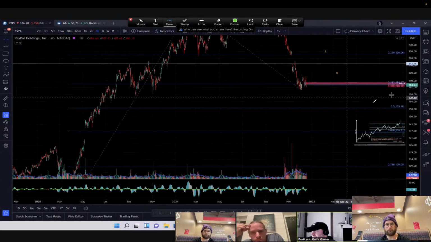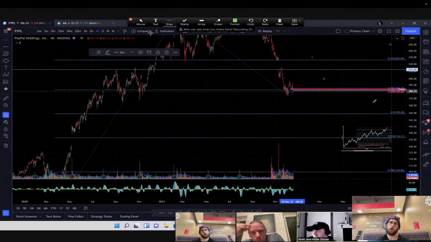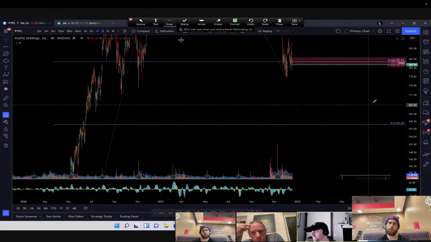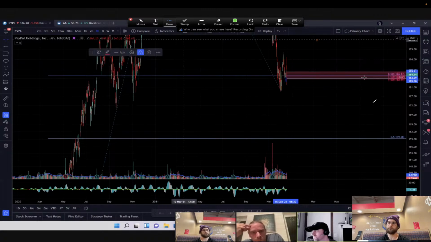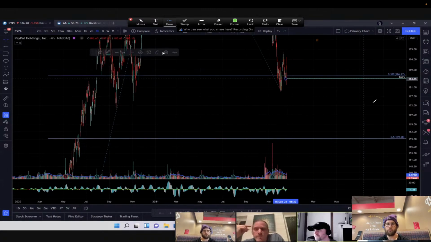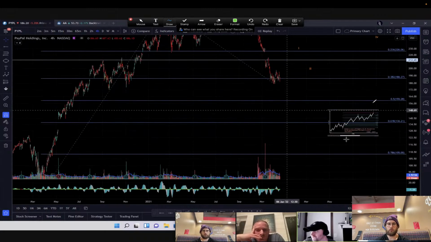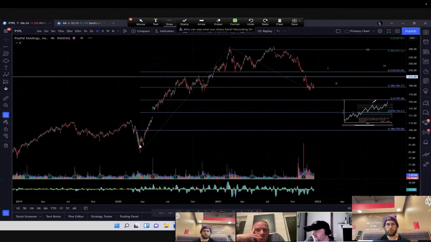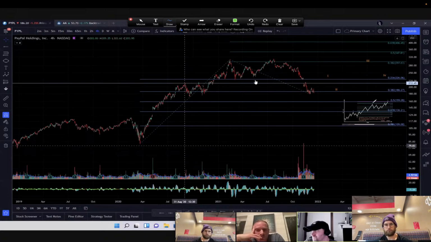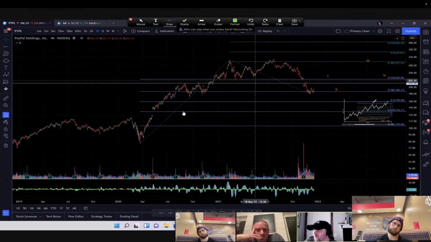link in Slack. Somebody was asking about how to find where a correction ends. Let's take this off. So we're running our fib retracement, which is what I use a lot of times for entries and things, from low to high. Because this is all technically one 5-wave count, right?